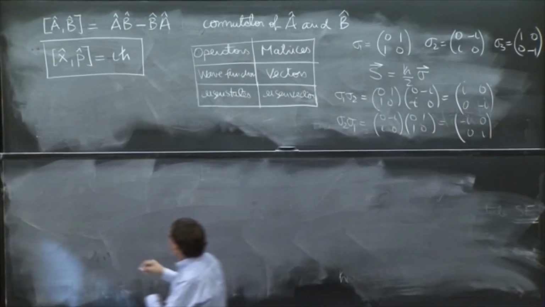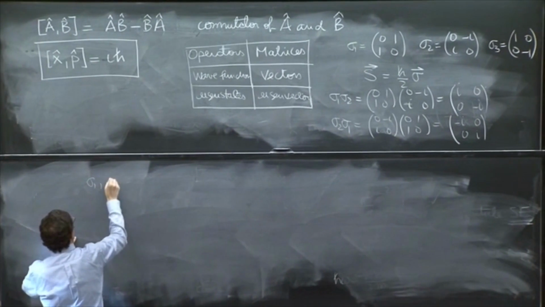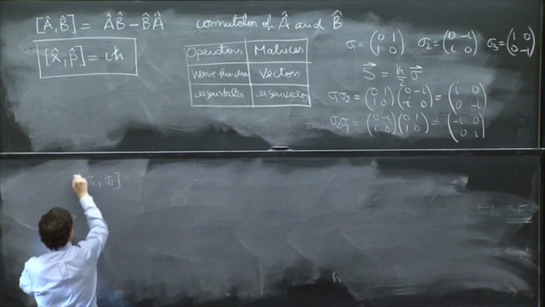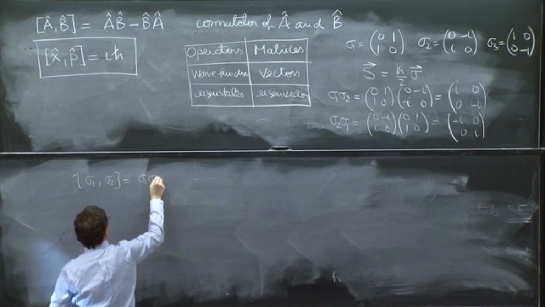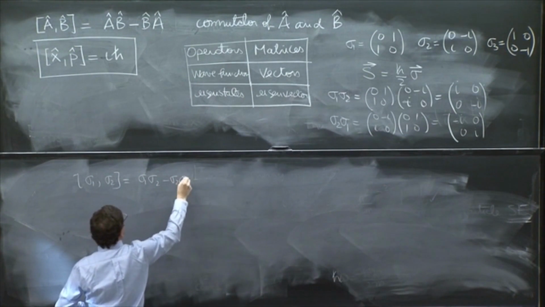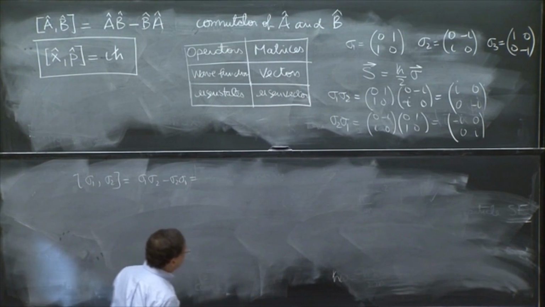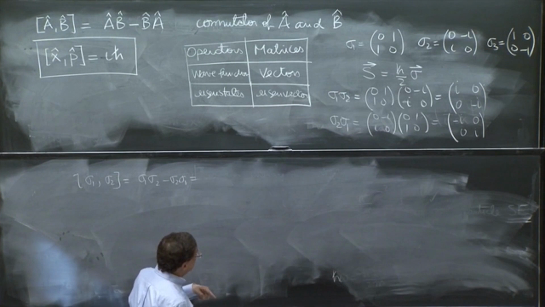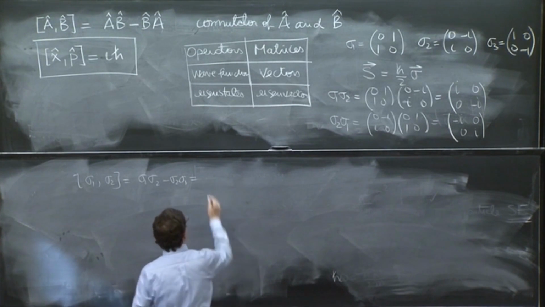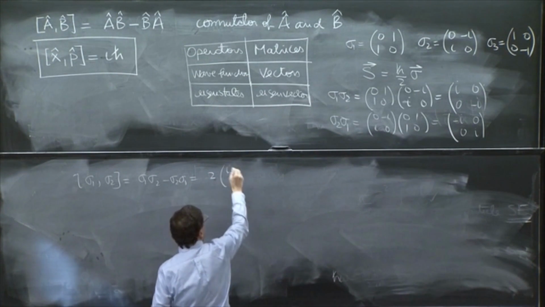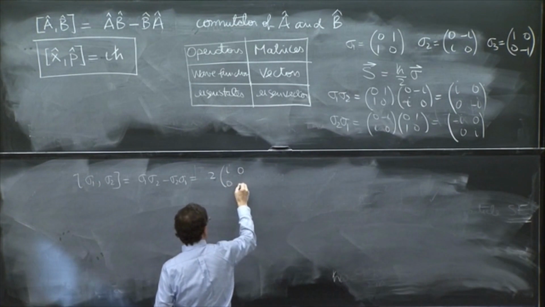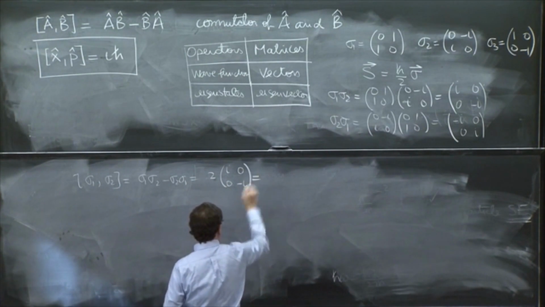And therefore, sigma 1 commutator with sigma 2 is equal to sigma 1 sigma 2 minus sigma 2 sigma 1. And you can see that they're actually the same up to a sign. So you get twice, so you get 2 times i, 0, 0, minus i.